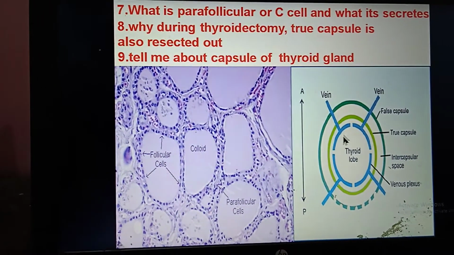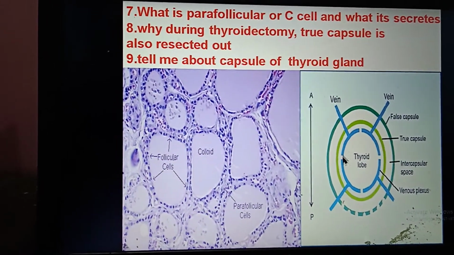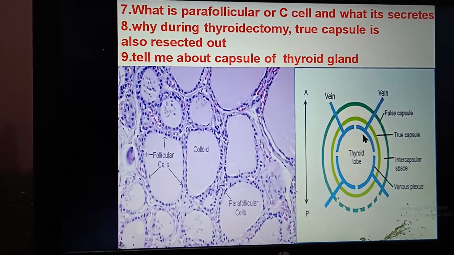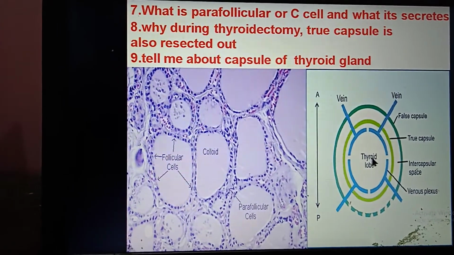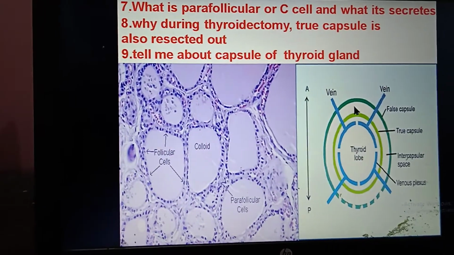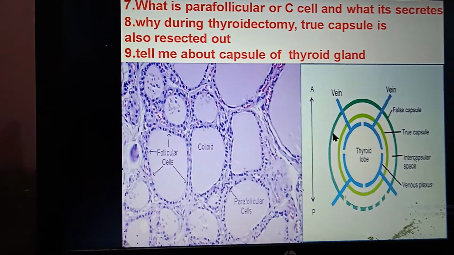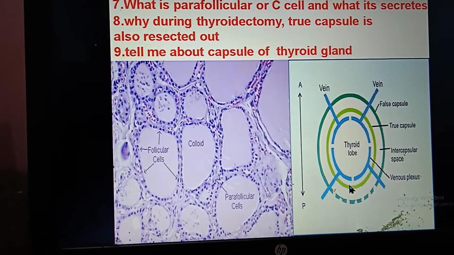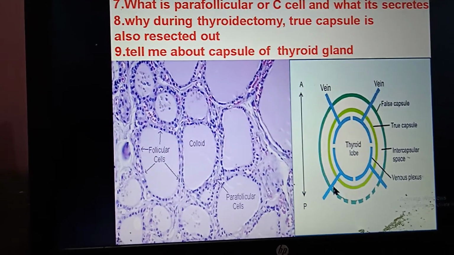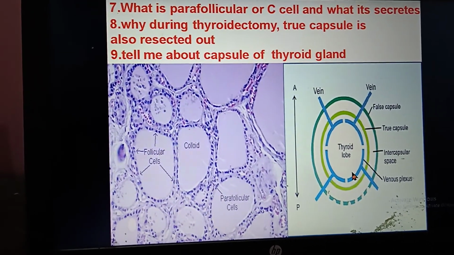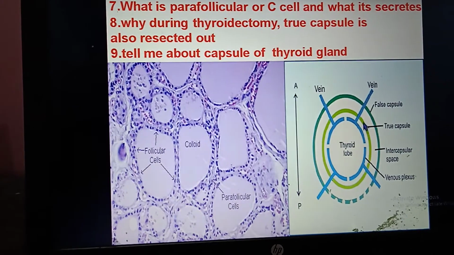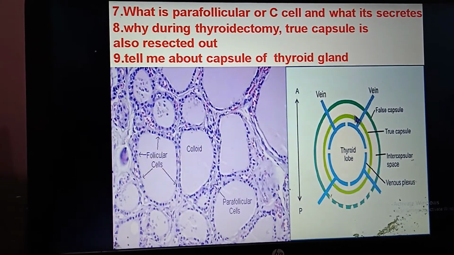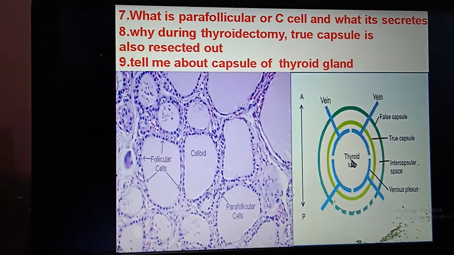So when we resect out the thyroid gland, the line of resection lies in between the true capsule and the false capsule, so that this venous plexus is not tampered with and does not lead to any fatal hemorrhage.